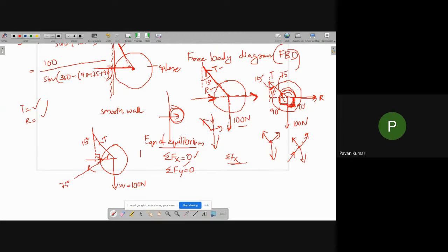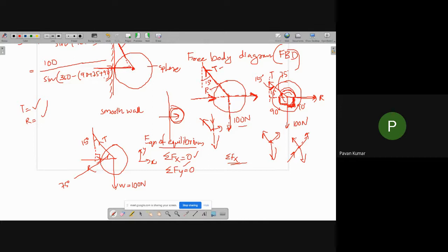Now we are taking this as our global x and y direction. This direction will be positive, this direction will be positive. For now we are taking Fx.